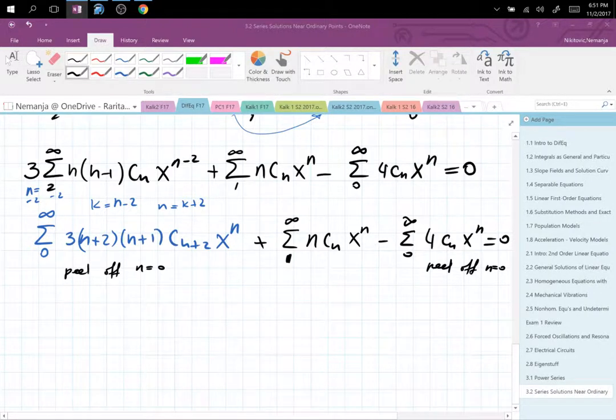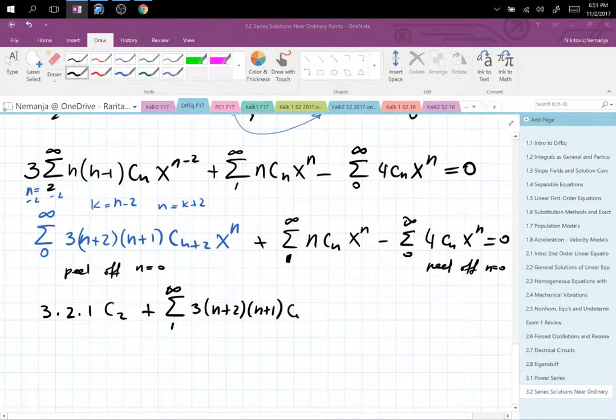So with n equals 0 over here, I have 3 times 2 times 1 C2, right, because n is equal to 0, and then plus the remainder is 1 to infinity 3n plus 2, n plus 1, Cn plus 2, x to the n.